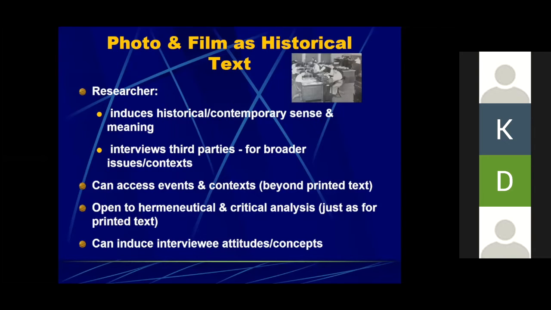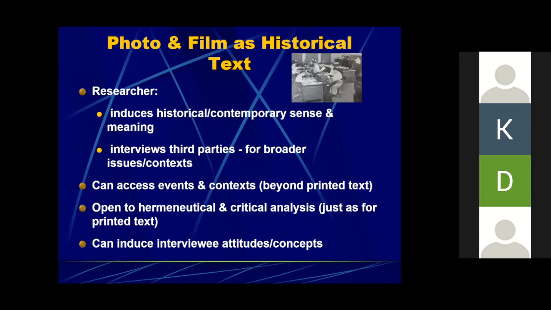So photo and film, therefore, becomes a new additional historical text to written text. And it gives us the opportunity to induce either contemporary or historical or both meanings out of it as researchers, and I'll talk a bit more about that in a moment.